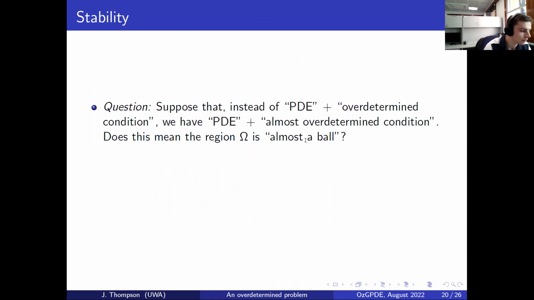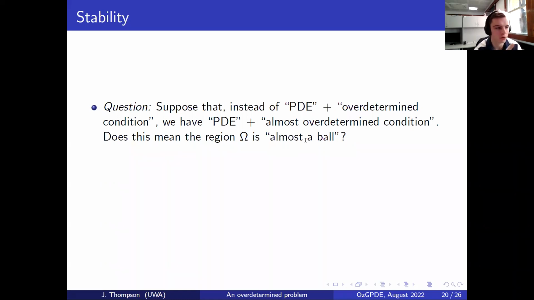Now, in the final 5-10 minutes or so, I want to just quickly discuss some further problems that are being looked at. So an interesting problem is actually to do with the stability of these overdetermined problems. The idea is, instead of saying, suppose we have a PDE plus an overdetermined condition, instead we say that, okay, we have a solution to the PDE, but we almost have this overdetermined condition.